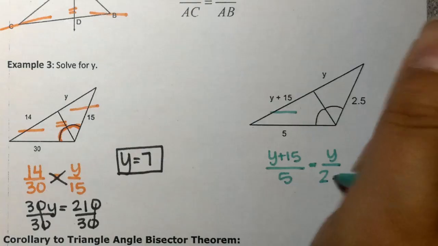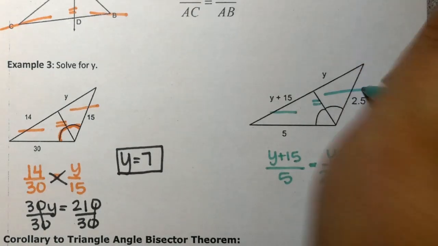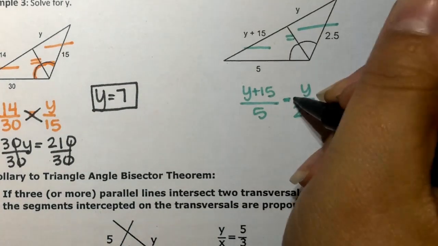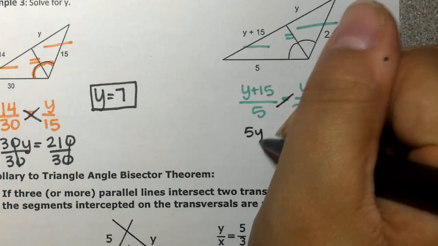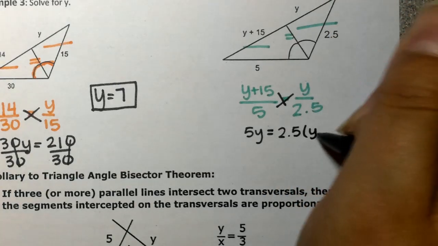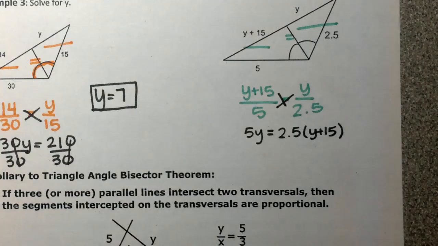Equals y. Did everybody notice that was a 2.5, not a 25? All right, and what am I going to do here? Cross multiply, so I get 5y equals 2.5 times y plus 15.